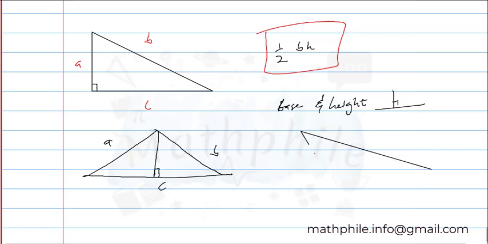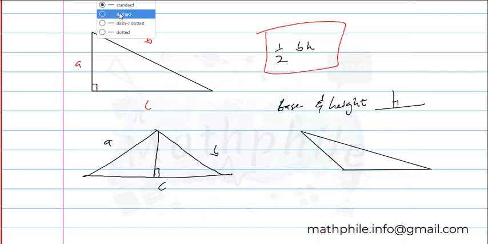So let's say this is a triangle. From my D, the height of this can be outside the triangle. Okay, so in this case, we've got A, B, C. C can be my base, and the red line is my height, and the formula is still going to work.